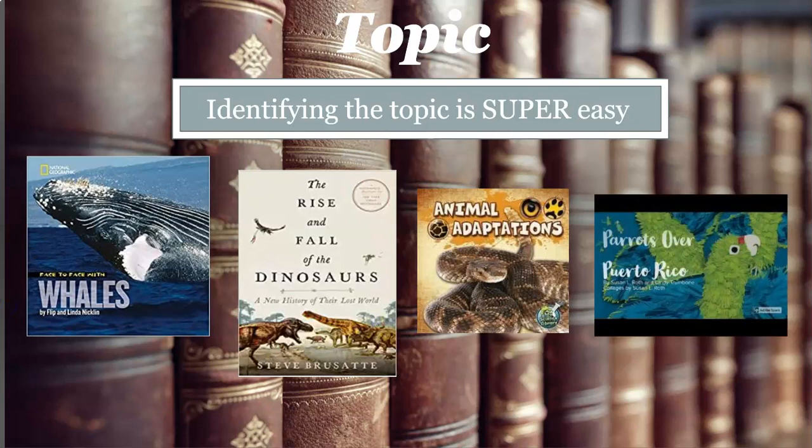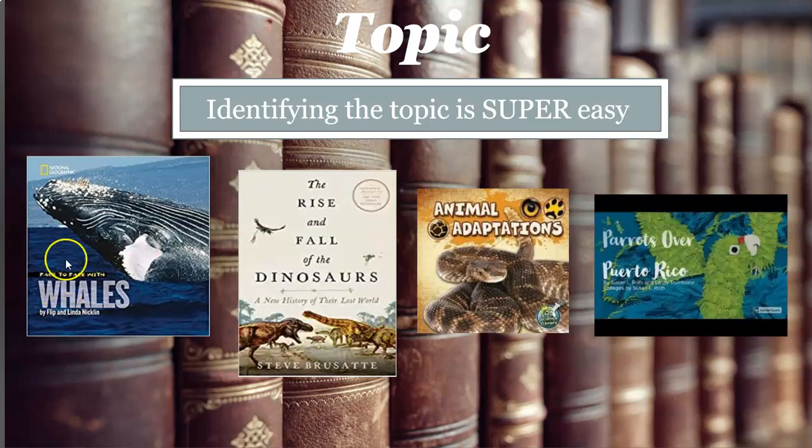In previous grades, you may have learned main idea as just what the text is about. But that is a little easy for fourth graders. In fact, you can oftentimes just look at the cover of the book to decide what the text is about.